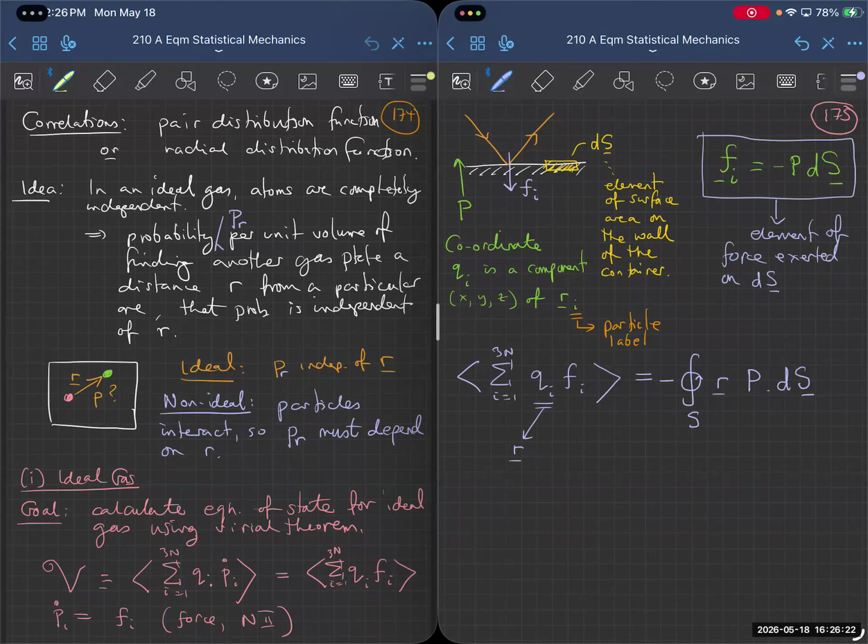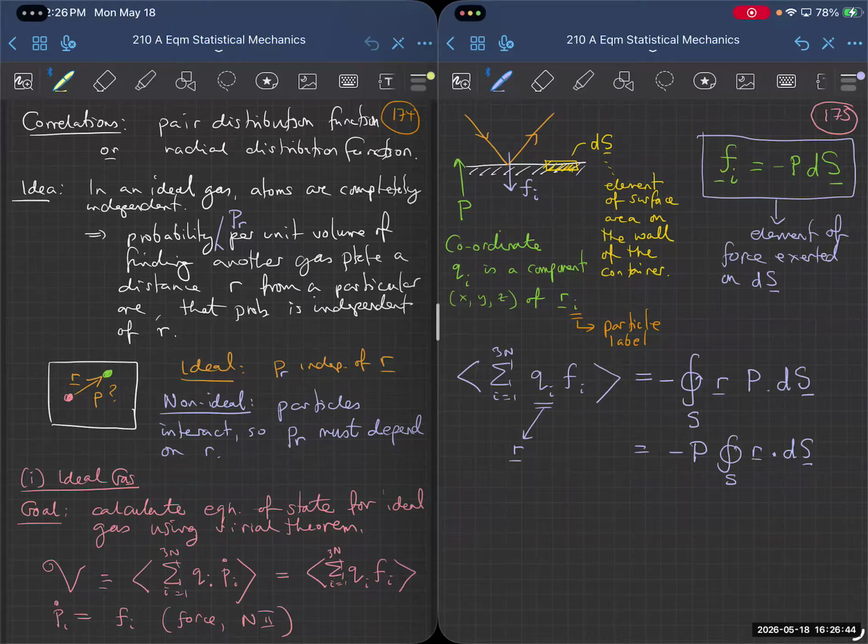So the pressure is defined to be minus the force in this direction. That's just the way pressure is defined. Then the pressure is just a number that comes out. So this is minus the pressure times the integral around the surface of r dotted with dS.